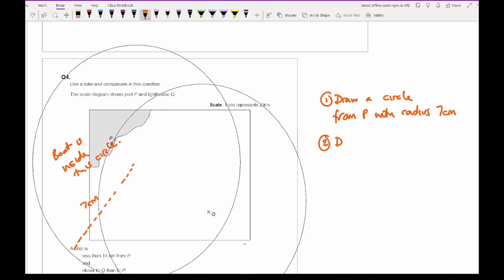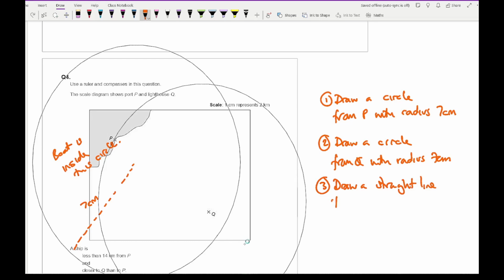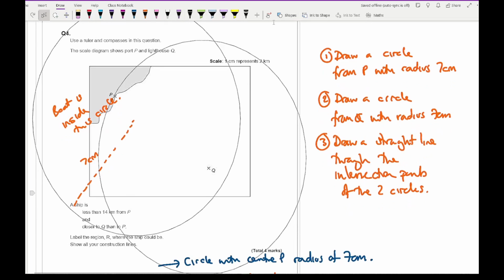Then 2, draw a circle from Q with radius 7 centimeters. Then step 3 is draw a straight line through the intersection points of the two circles. And then for example, here are my two intersection points.